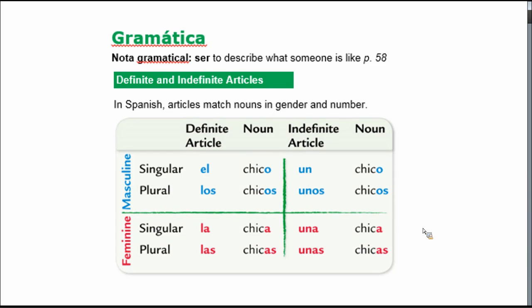Does that mean you guys don't know? Is it somewhat making sense? I need some feedback here because we're going to go over it more as we go, but is the general idea making sense? The feminine, masculine, singular, plural? Okay, cool. Okay, we'll keep going.